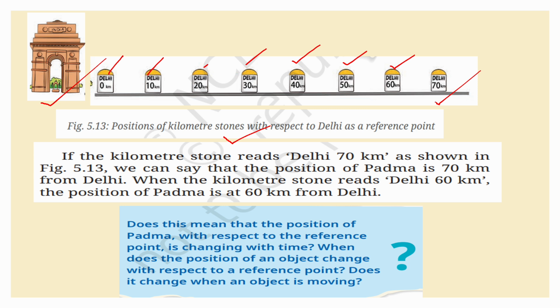If the kilometer stone reads Delhi 70 kilometer, as shown in the figure, we can say that the position of Padma is 70 kilometer from Delhi. When the kilometer stone reads Delhi 60 kilometer, the position of Padma is 60 kilometer from Delhi. That is, she is getting closer to Delhi.